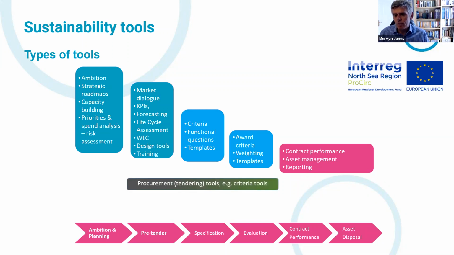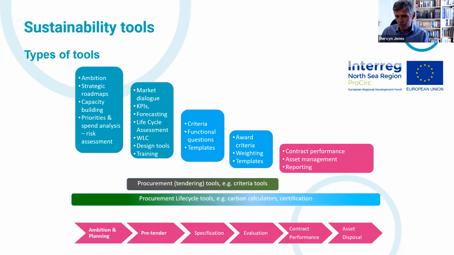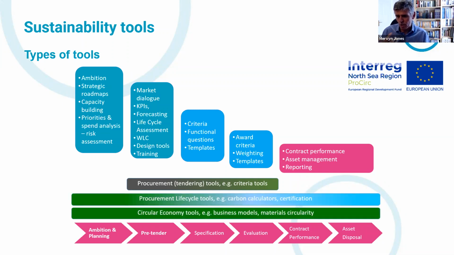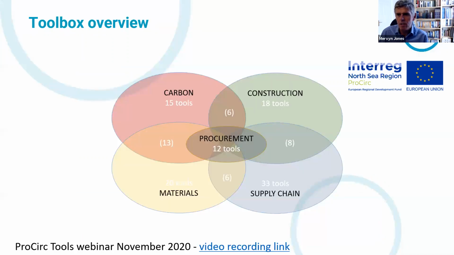And so the tools that we looked at, which were done via a survey through the ProCirc project, tendering tools, procurement lifecycle tools, and circular economy tools, these have all come from various different European sources, including UK sources.